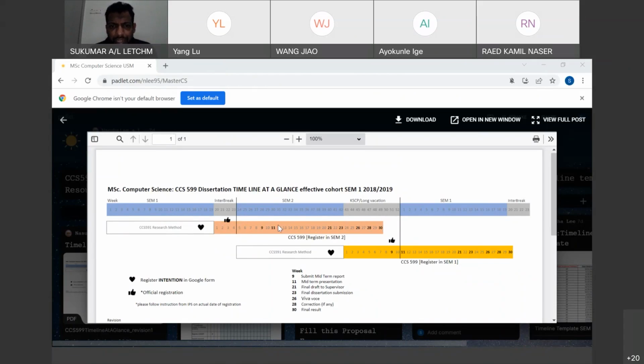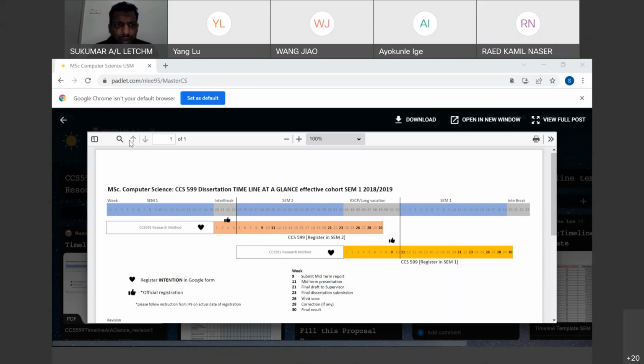Let's say you're not planning for next semester, and you skip next semester, planning not to do your CCS599 next semester. That means you already have your research method, but you skip, and you will start immediately for the next semester. That is a different cohort. You will start immediately after the semester is over for that particular year.